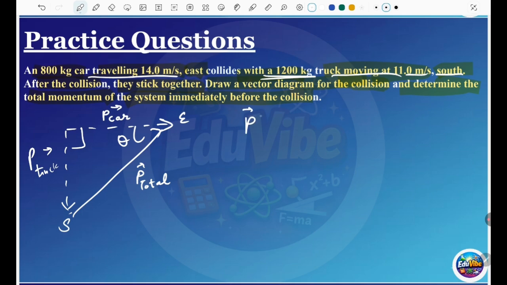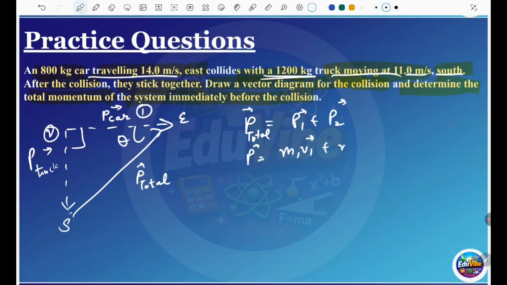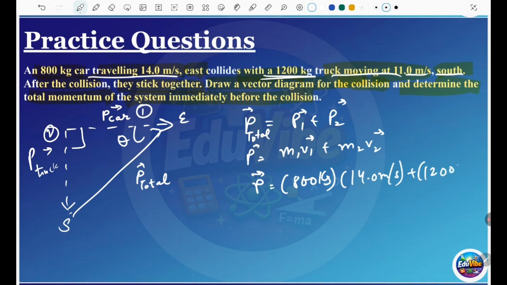The total momentum is P1 plus P2, taking the car as 1 and the truck as 2. We know this is equal to m1v1 plus m2v2. This is a simple question: P is equal to 800 kg at 14.0 meters per second, plus 1200 kg at 11.0 meters per second.